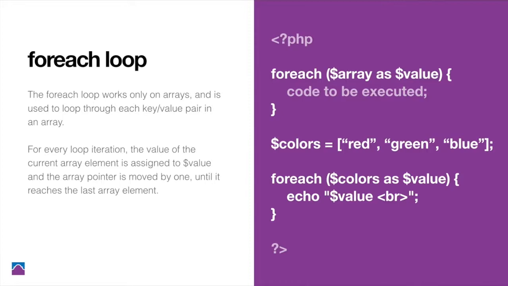So I guess the structure of it is you would say the term for each, and then in parentheses you would put in the array variable name. And then also another keyword there is as, so you're saying this array as, and then you specify a value name.